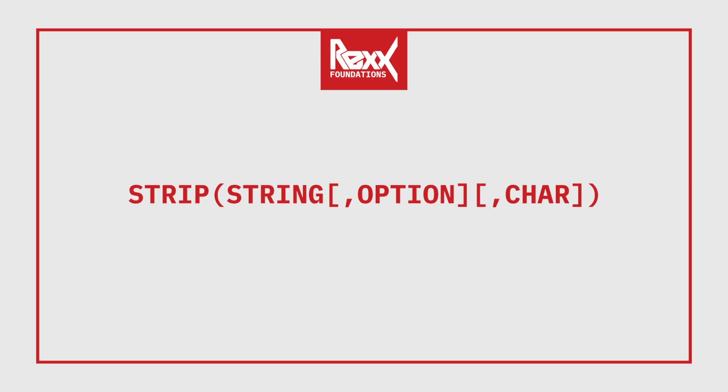Now, if you do provide this third option, it is important to remember that you can only use one character. If you use more than one character, Rex will get confused, have a meltdown, and will find itself in the corner rocking back and forth in the fetal position. Okay, maybe that won't really happen, but you get the idea.